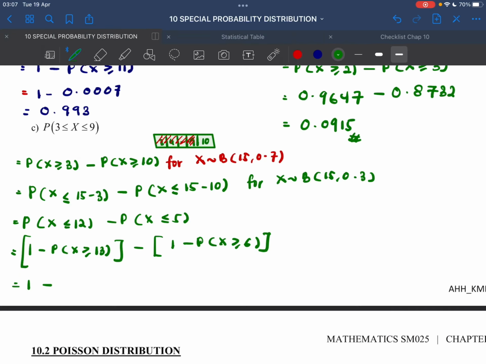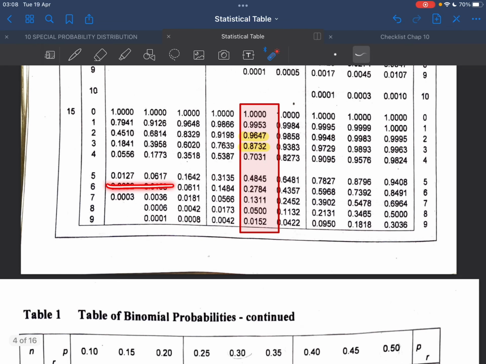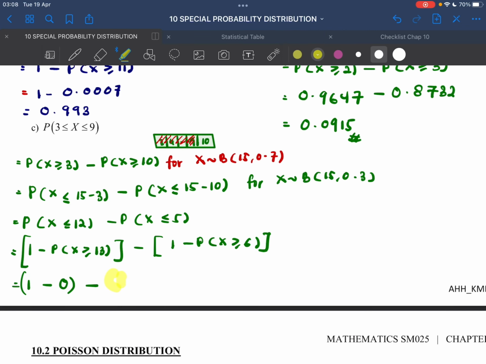Okay, so that will be 1 minus 0. Now 6 pula yang ke atas, so here's gonna be 6, 0.2784. Okay, 1 minus 0.2784. So kira-kira kamu dapatlah final answer kita 0.2784.